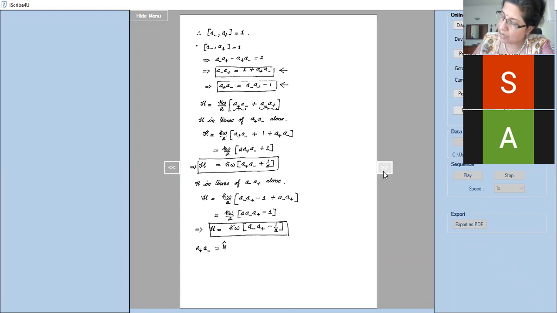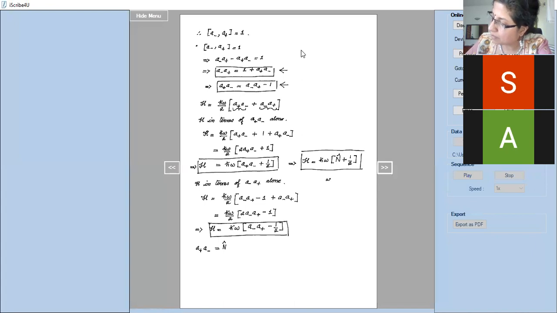So in terms of N, you can see that your H can be written as ħω (N + 1/2). This is another important thing that it will be good to remember, so I'm going to put this also in a box. Please remember your N is equal to a+ a−. It's this combined operator which you are talking about.